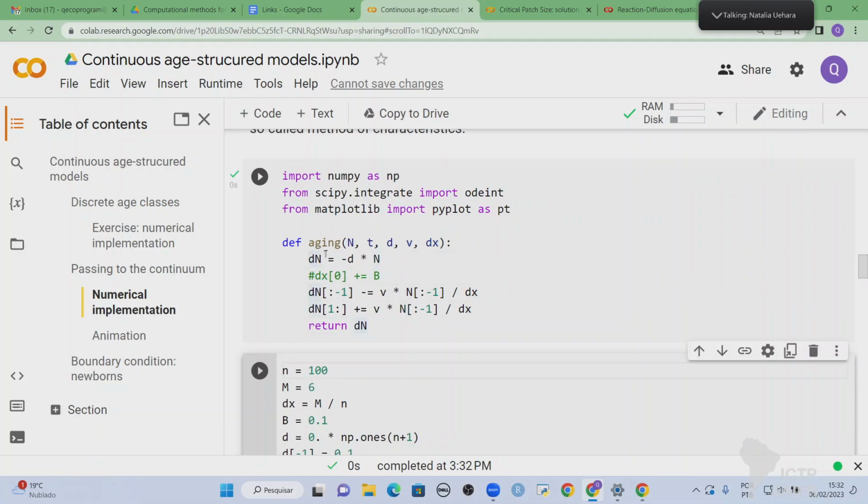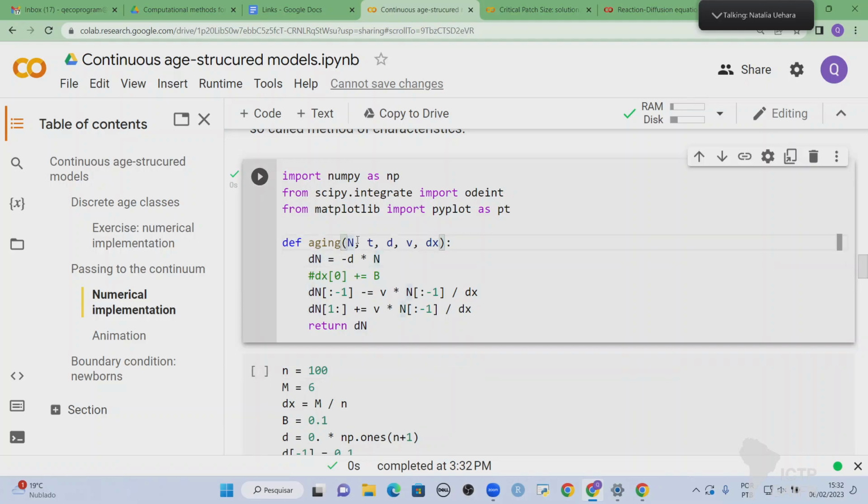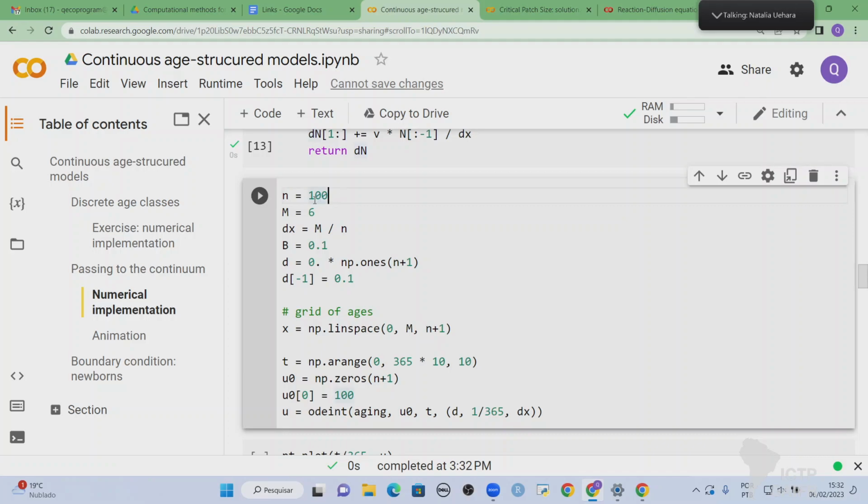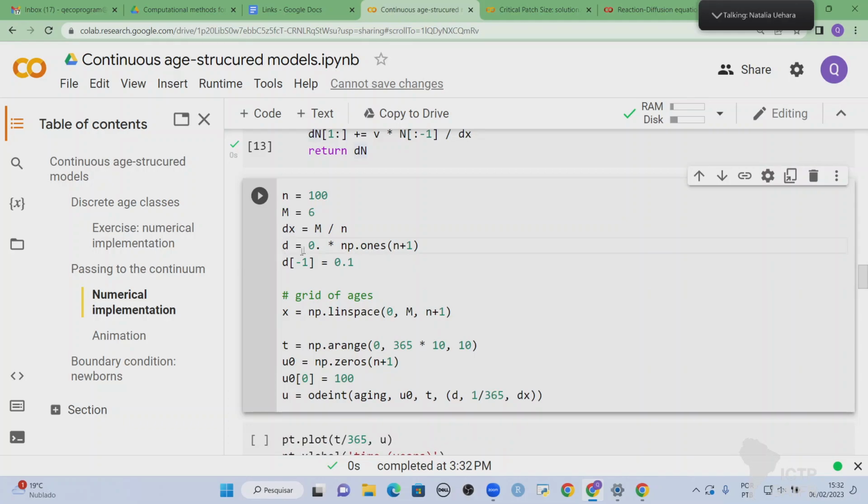I'm also using n instead of x here because x now is the age. Now I'm going to use 100 points for the same range of ages, from 0 to 6 years. I don't need this at all. No birth.